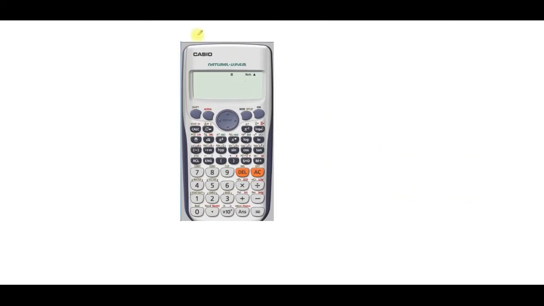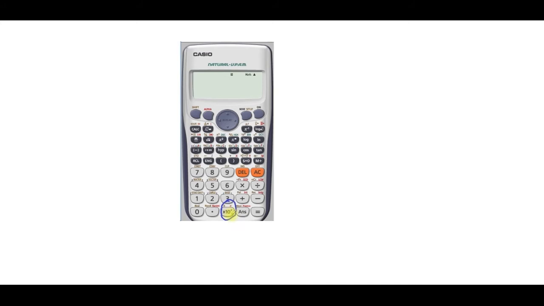Now we're going to dive straight in a moment and just show you how to enter numbers in engineering notation into the calculator. But we'll just have a little look at the keyboard of a calculator first. The key here is the exponent key. This is a very important key for entering scientific numbers.